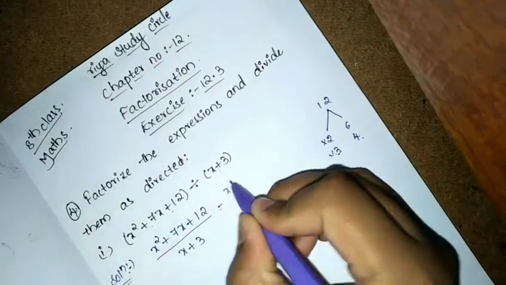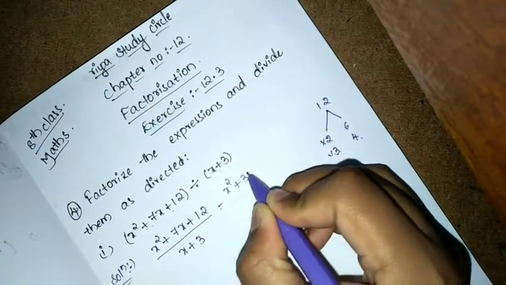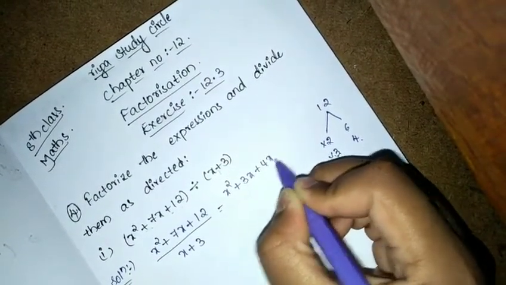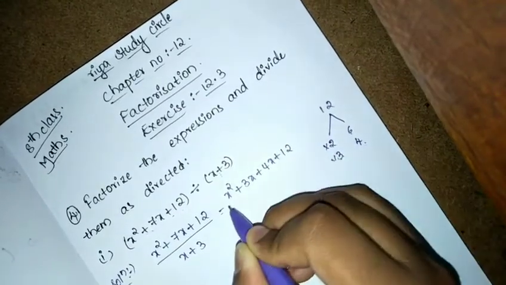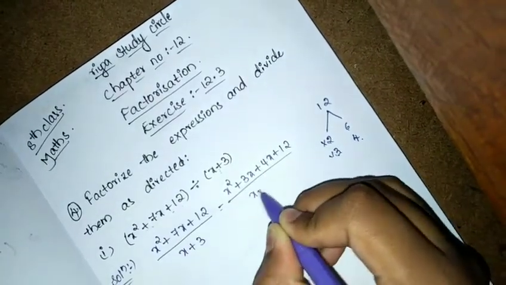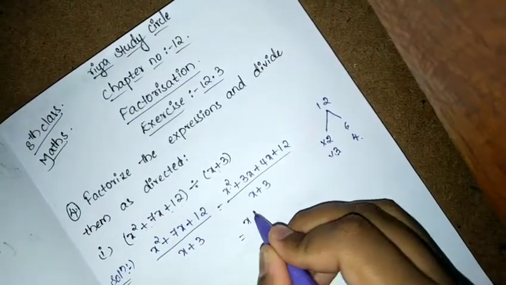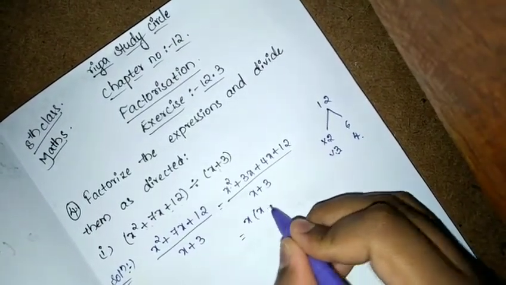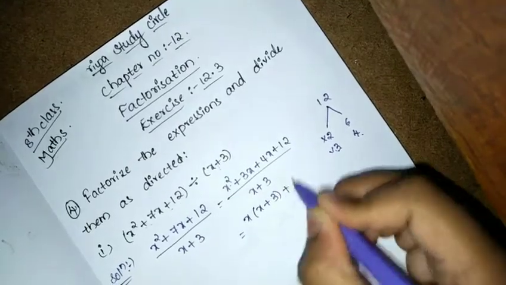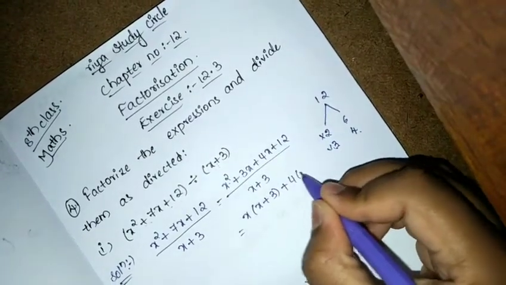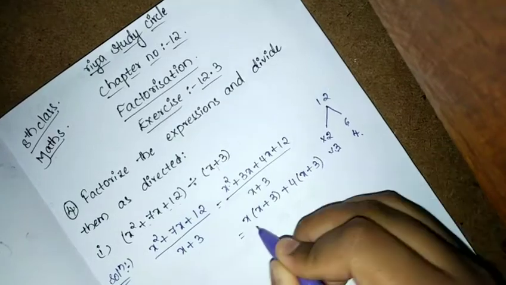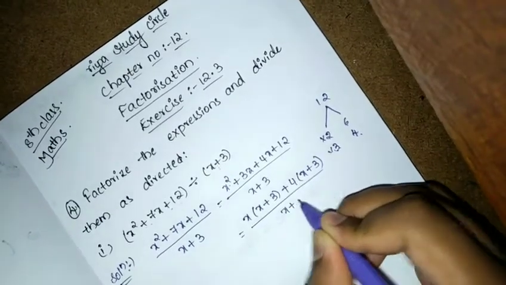Then we take x square plus 3x plus 4x plus 12 divided by x plus 3. From these two terms we can take x common, then we have x plus 3. From these two terms we can take 4 common, then we get x plus 3, divided by x plus 3.